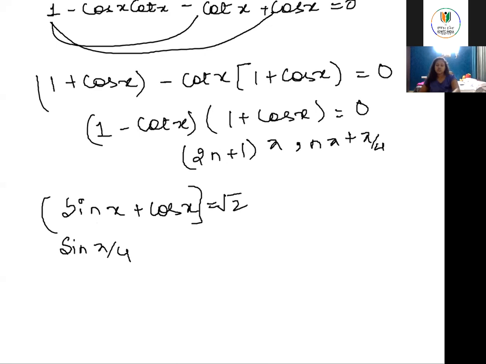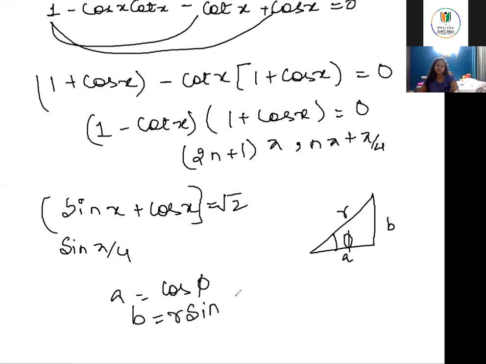Okay. So for this, what we are going to suppose? We are going to suppose that there is this triangle. There's A, B, R, and angle phi. And A is equal to R cos phi and B is equal to R sin phi. Right? So these two things we are going to assume. Okay.